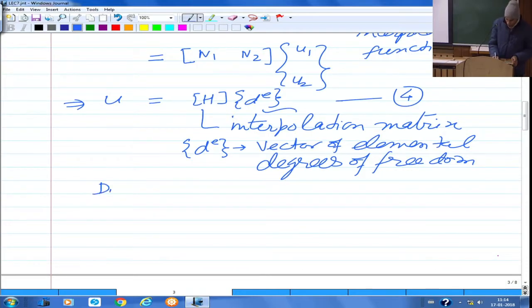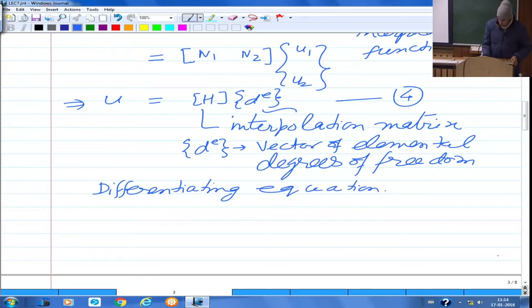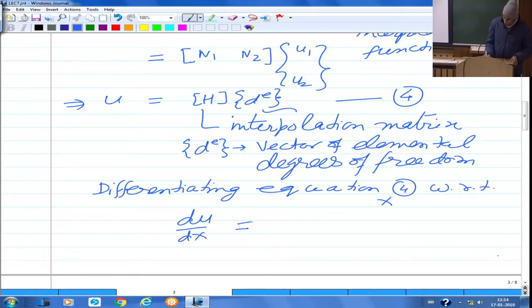Differentiating equation 4 with respect to X, we would get du by dx equal to, see in this H is going to be a function of your independent coordinate, in this case X, whereas D is a constant vector, because D consists of values of U at discrete locations.